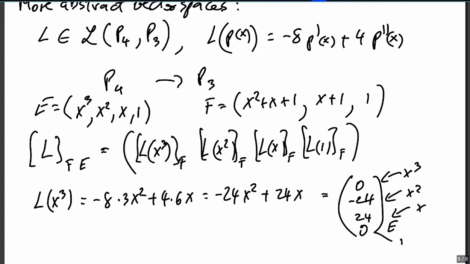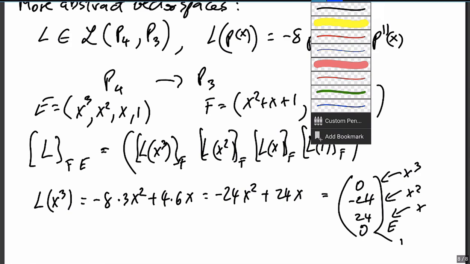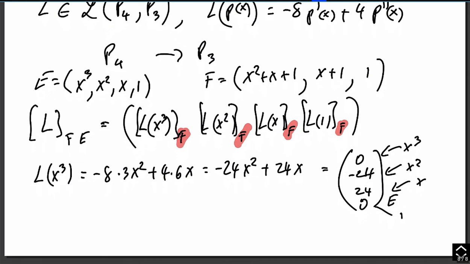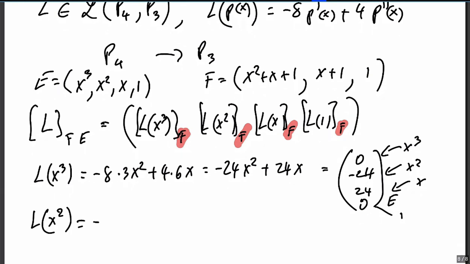But unfortunately, that's not what we need. We need the coordinate matrix in F. So let's continue with that later. And right now, let's calculate the linear transformation for x squared. It's -8 times 2x plus 4 times 2, which is -16x plus 8.